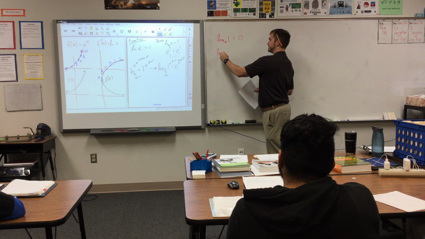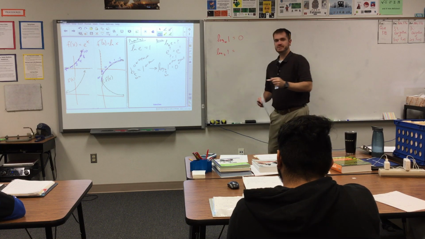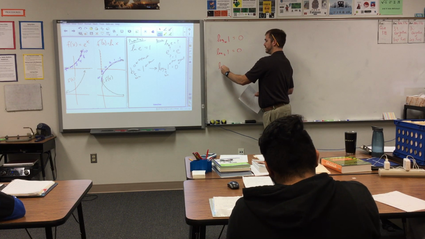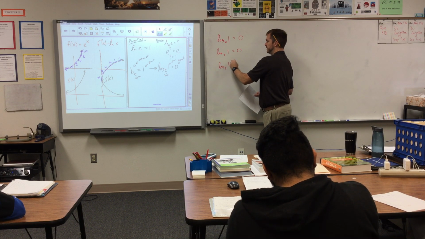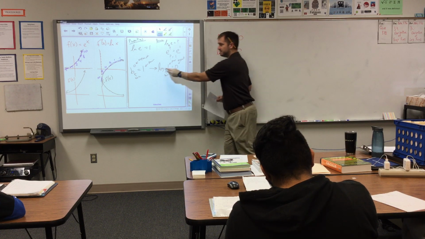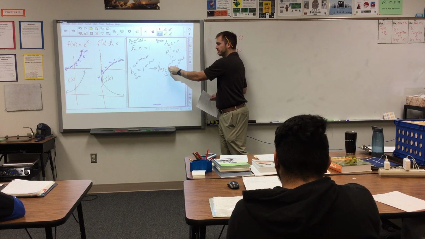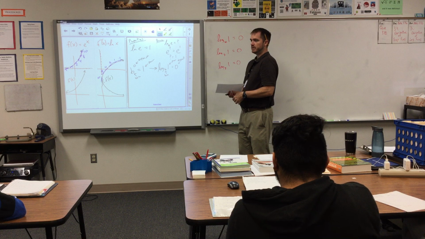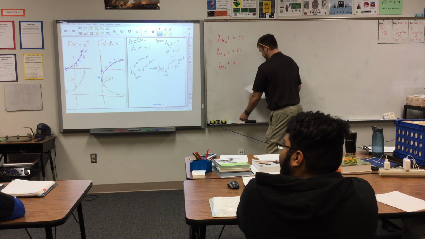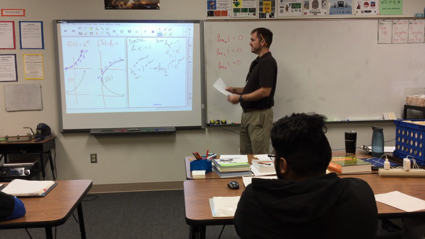The log base 7 of 1 is 0. The log base y of 1 equals 0. In fact, the log base b of 1 is 0. Anytime you have the log and then 1, your power right there is 1, then your answer is going to be 0.